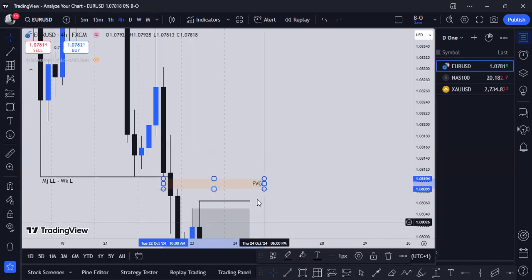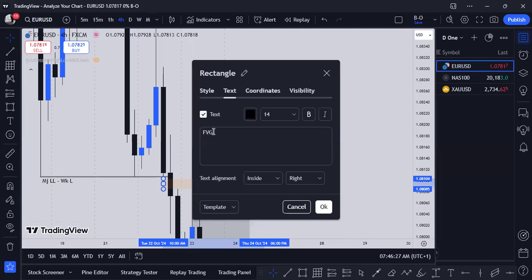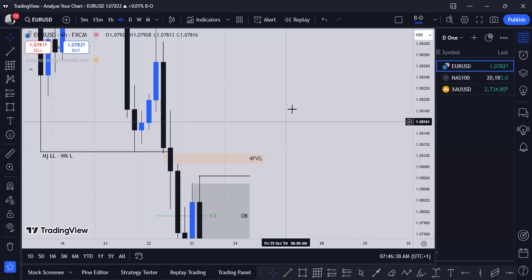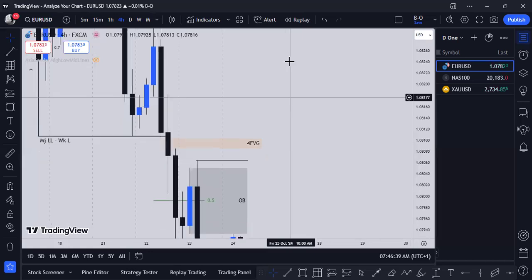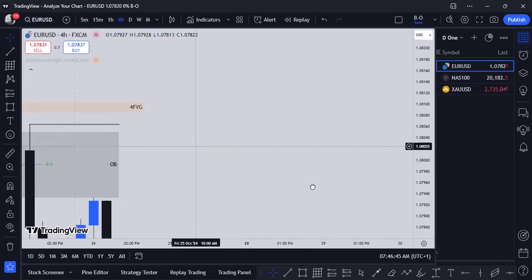So that's our 4-hour fair value gap, so just label it like that. And looking at this internal structure here, it sent the price down.